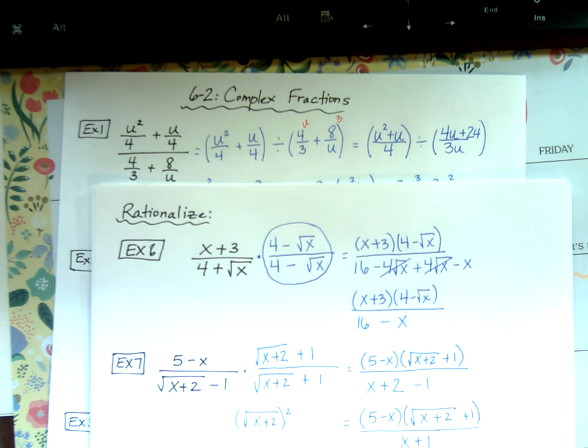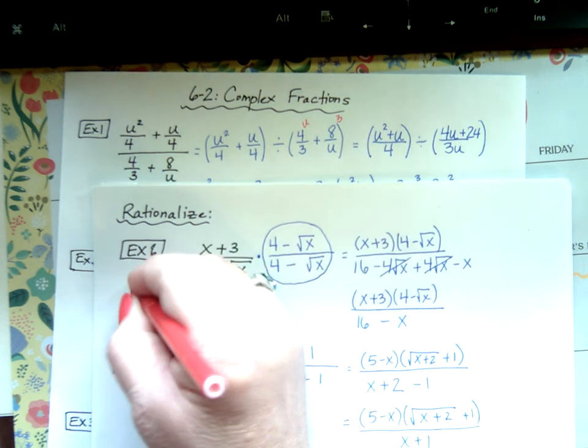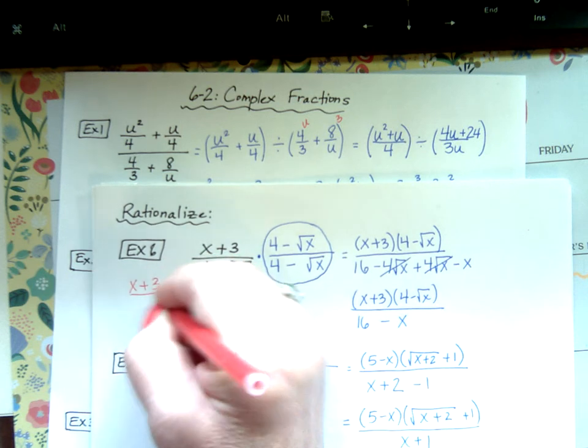Noah's asking, what if it's like 4 square roots of x instead of 4 plus the square root of x? Okay, so he's saying, let me change my color here just for a second so I can answer his question. 4x plus 3 over 4 square roots of x.